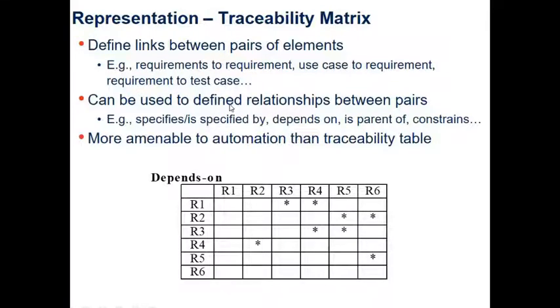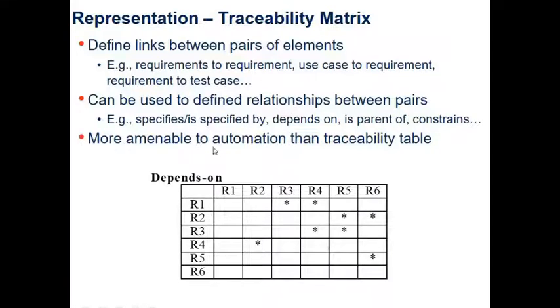It can be used to define relationships between pairs. For example, it specifies or it is specified by. Right? So for example, R4 is specified by R2, something like that. Or depends on. So for example, R1 depends on R3, or is parent of, or constrains. Right? So it's defined by those relationships.